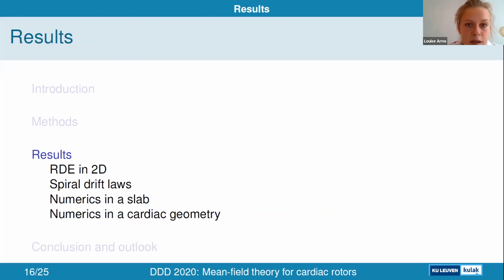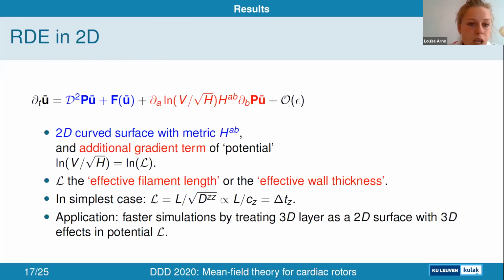Now, what does this equation mean, and how can we interpret it? And can we validate this equation? So by looking at this equation, we can say that we can approximate a filament by a spiral wave that moves on a 2-dimensional surface, but this surface is curved in the sense that we had to change this derivative by the covariant derivative, for which the metric is given by the average thickness, by the averaged diffusion tensor.